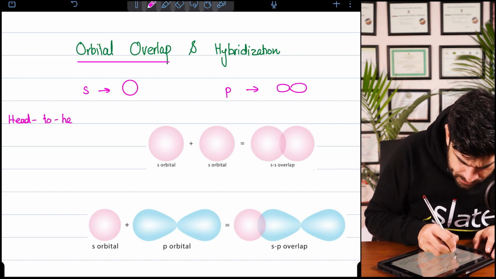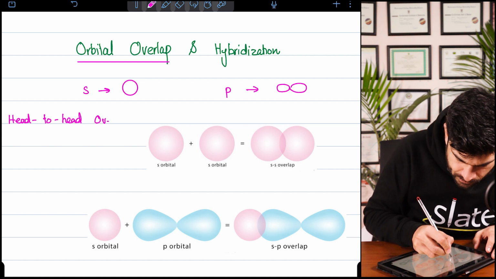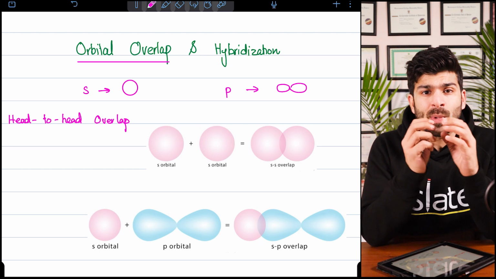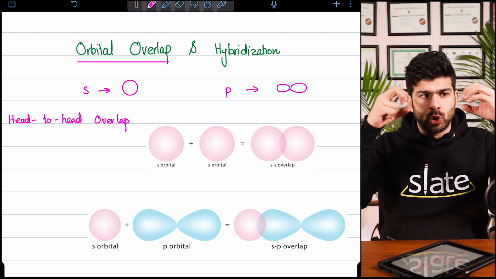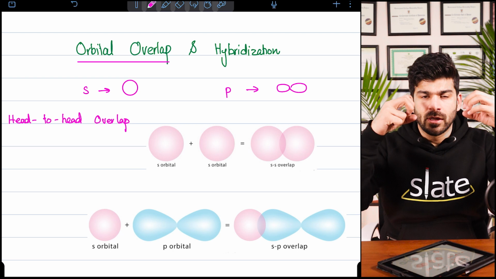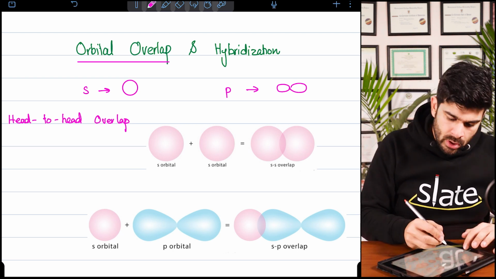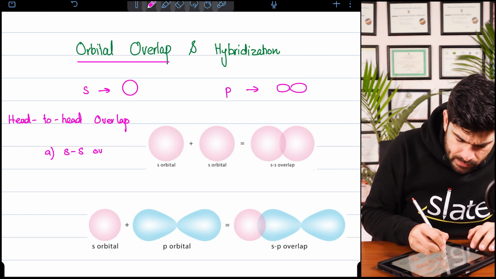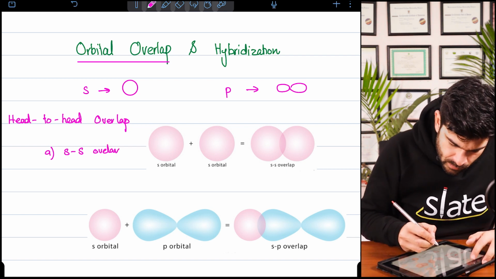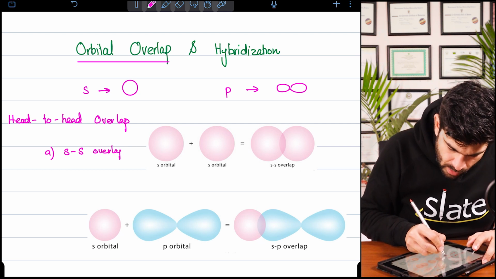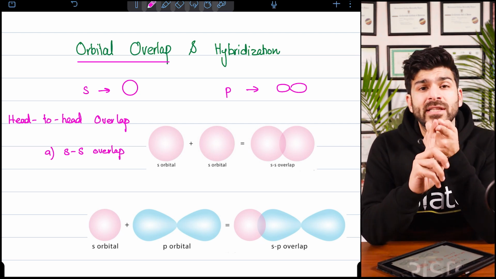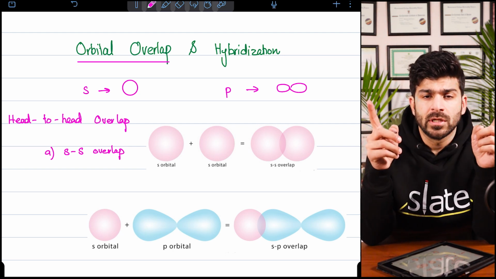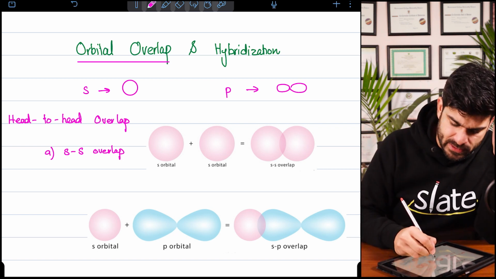head-to-head overlap. The head-to-head overlap is when the two orbitals join head by head, the head-on joining. The first type of head-to-head overlap is an SS overlap. For that, the outermost orbitals of both atoms should be s.